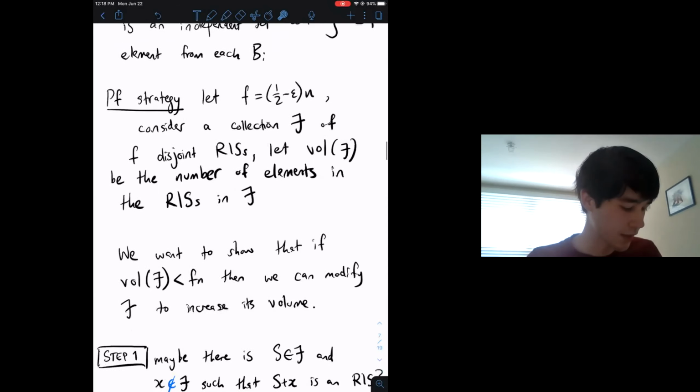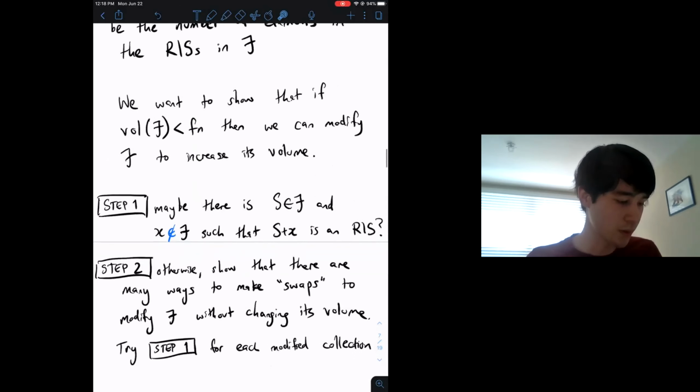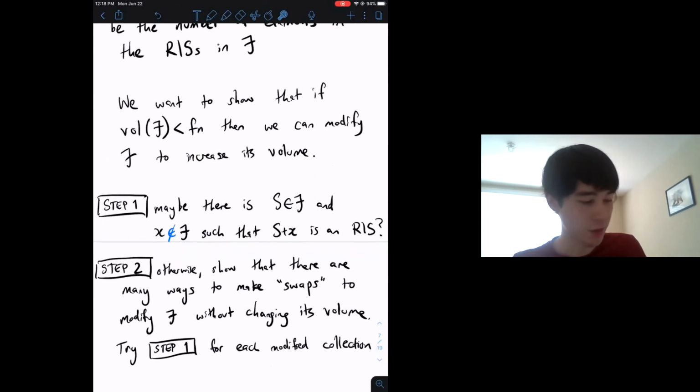But just to say a little bit more before I actually start proving things. We're going to accomplish this in 2 steps. What we're trying to do here is show that I can modify a family curly F to increase its volume. The first step is the obvious thing, the sort of thing that we saw with the green and the blue basis, that maybe I can just trivially add something to my family of rainbow independent sets.